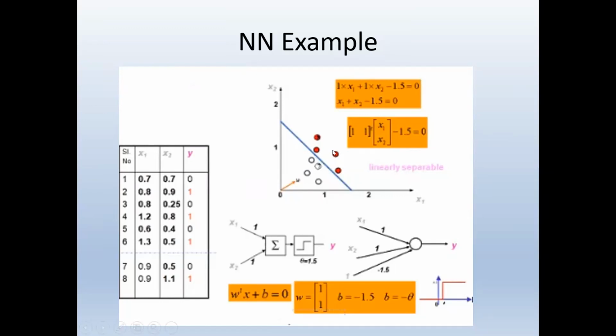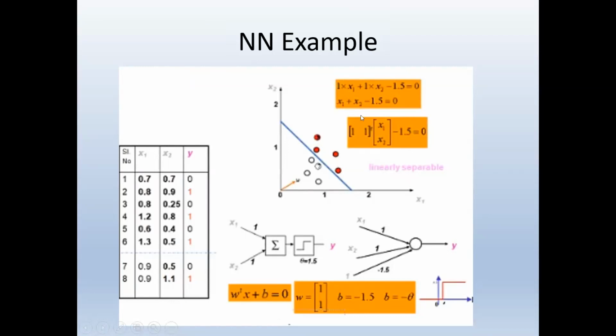Once we confirm that this data set is linearly separable, you can try to obtain the equation of the surface. This is a very simple surface. You can see the x-intercept is approximately 1.5, and the y-intercept is also approximately 1.5. Then I can make a generalized equation of the decision boundary: x1 plus x2 minus 1.5 equals 0.